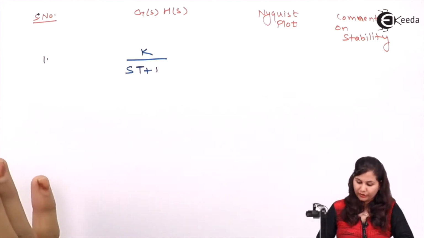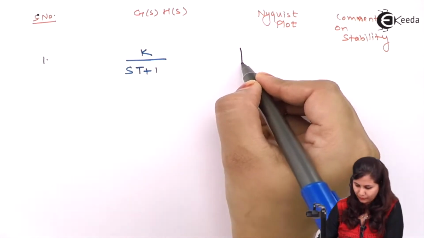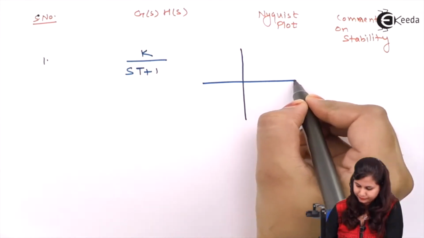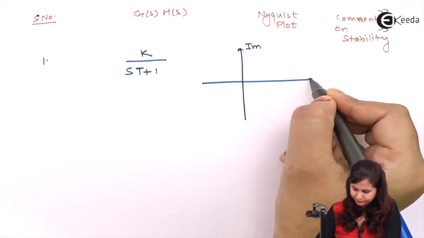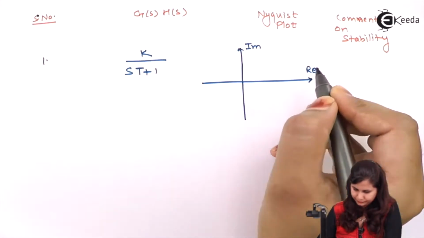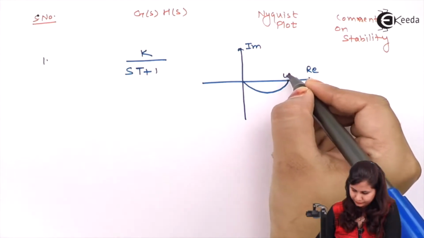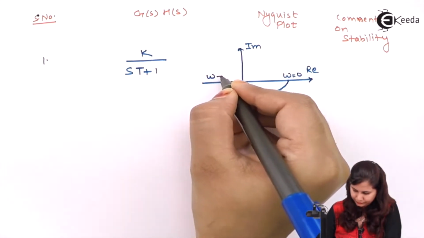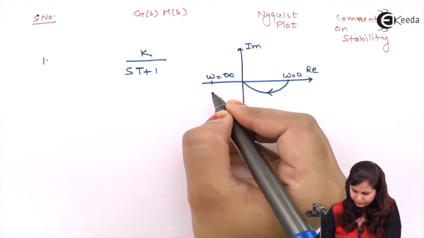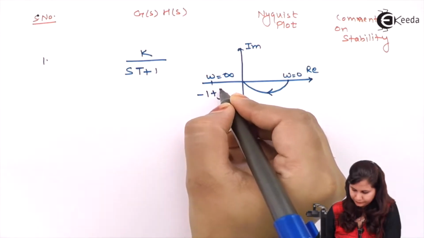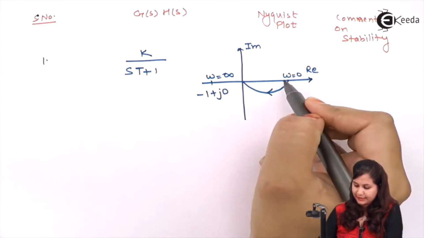If this type of transfer function is seen, then its Nyquist plot will be like this: this is the imaginary axis, real axis, the polar plot.